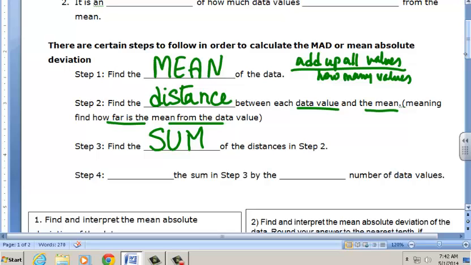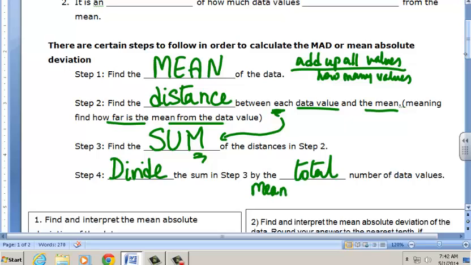And the last one is to divide the sum from step 3 by the total number of data values. Basically, you're finding the mean again, the mean of the distances. That's what it is. All right, let's take a look at the first problem.